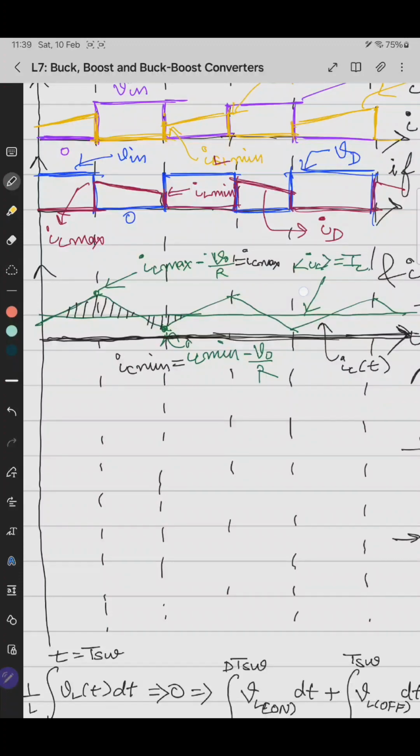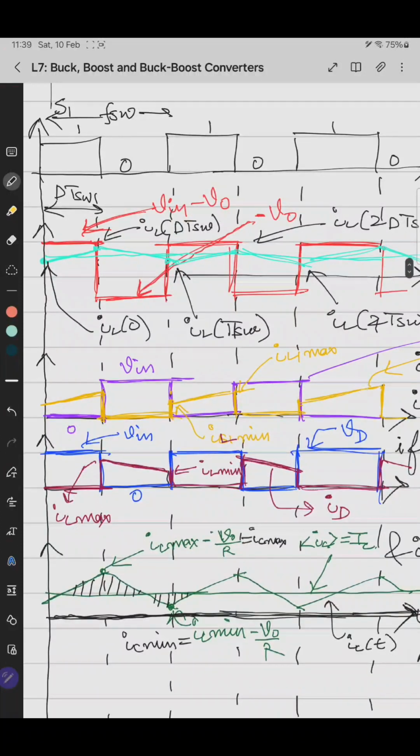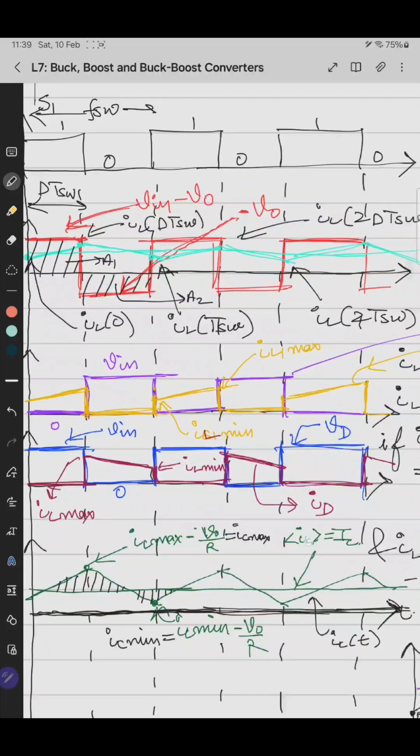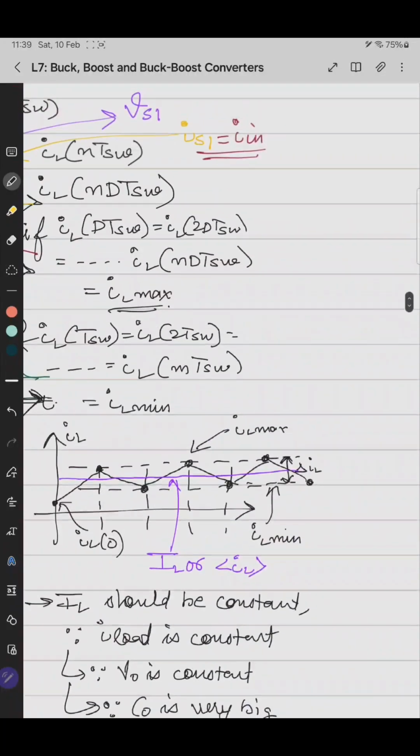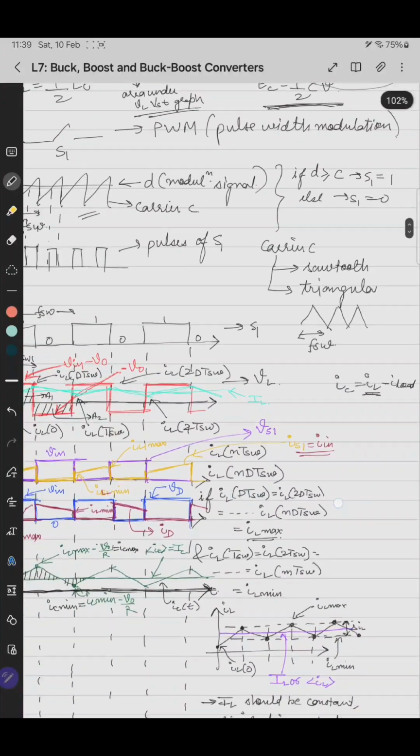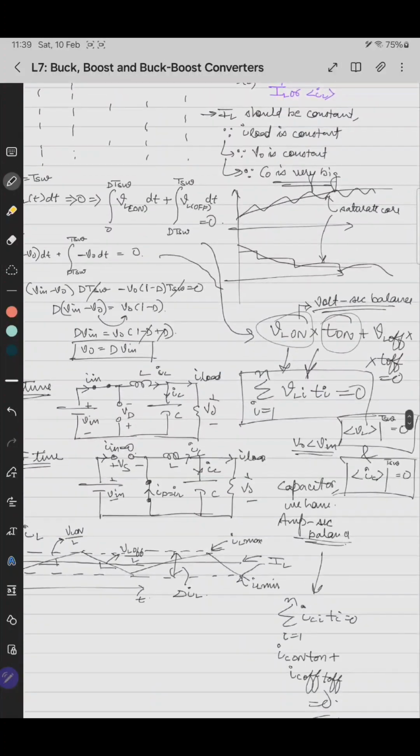So as I said, in the capacitor current, this is the T equals 0 axis. This is the inductor voltage waveform. So this is A1, this is A2, which means that A1 equals A2 using this principle, where I have written here.